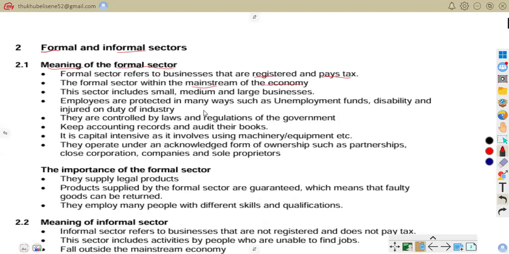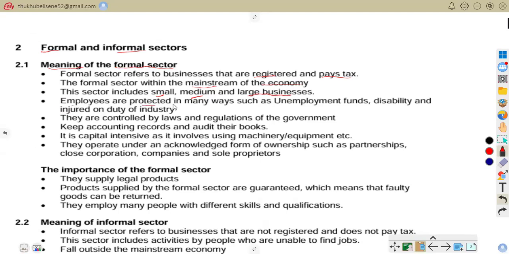Hope you are together, good people. It further says this sector includes small, medium, and large businesses. So it covers all sizes of formal businesses, such as a small shop, a medium factory, large companies.